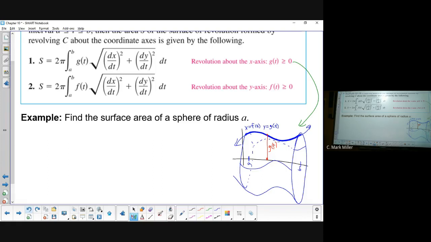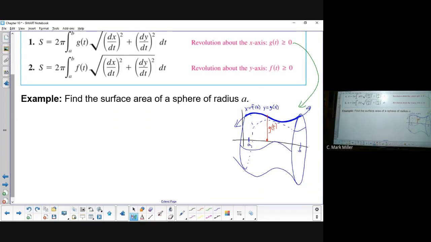So it's the radius at any point along there, okay? And so you have 2 pi radius. This is like 2 pi r. Right? 2 pi r is the circumference of a circle. And then this part accounts for the fact that it's going in and out. And so it's going to be a little longer. Unless you have a cylinder where it goes straight across like that, it's going to be a little longer accounting for the arc length, right? So that's what's going on there.